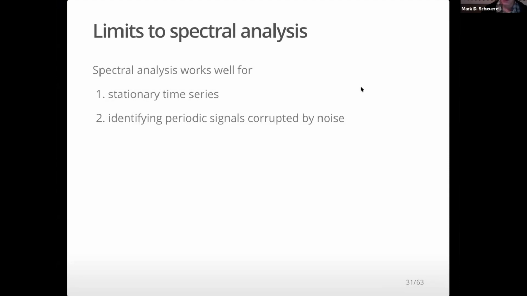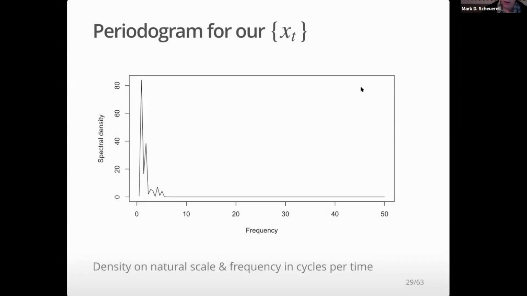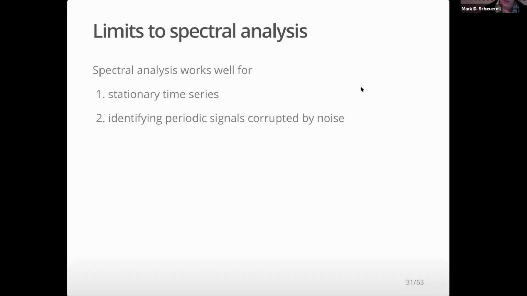Okay, so spectral density is kind of neat because you can basically figure out where the major variation is happening, at which frequency or wavelength. But the issue is that it really only works well for stationary time series, like an autoregressive model, AR(p).